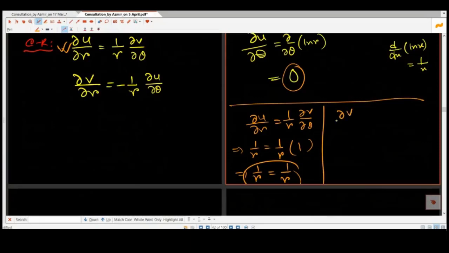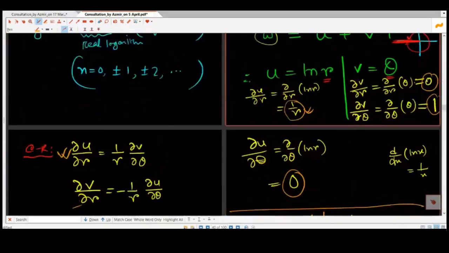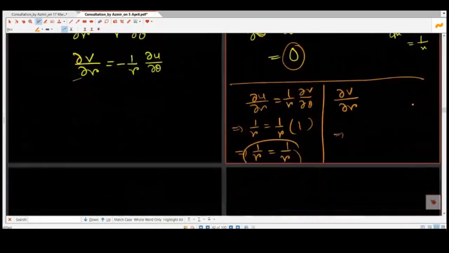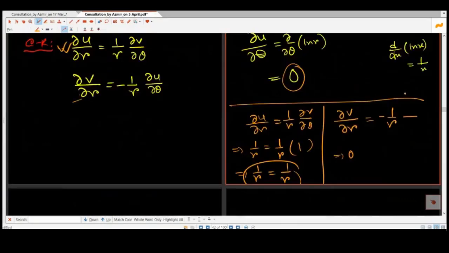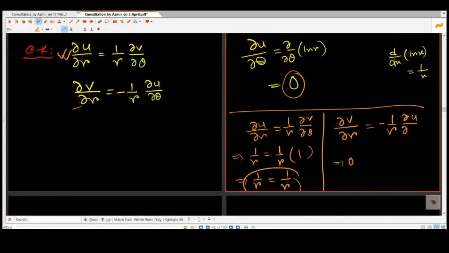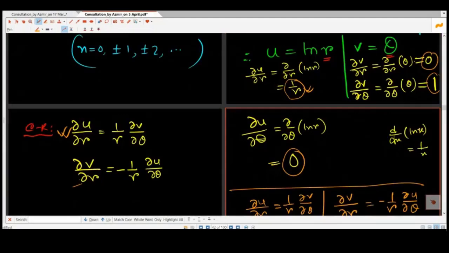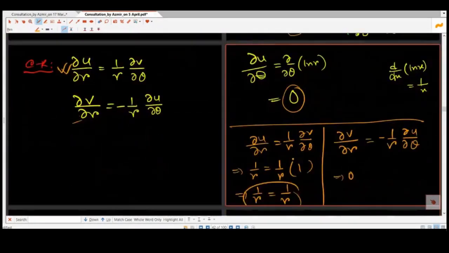Similarly, let's check the second one, dv dr. dv dr is 0, and minus 1 over r du d theta: du d theta is 0, so minus 1 over r times 0 is 0.